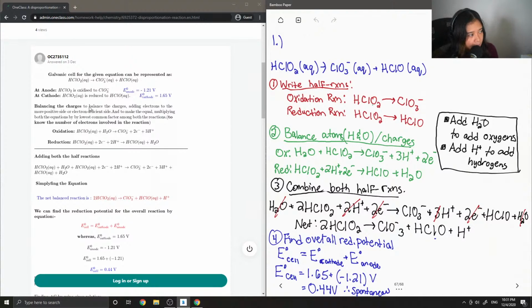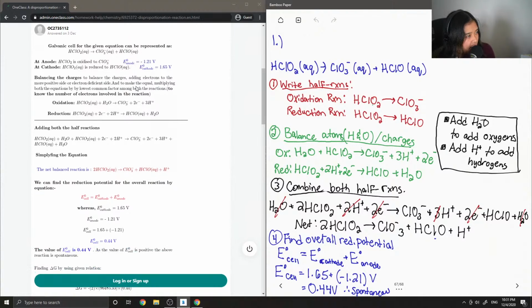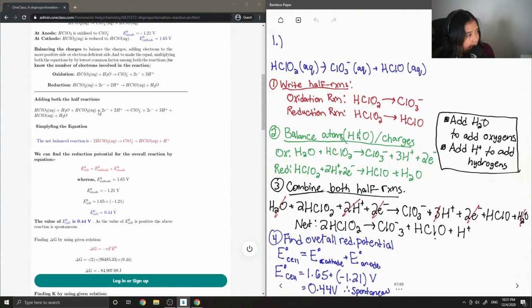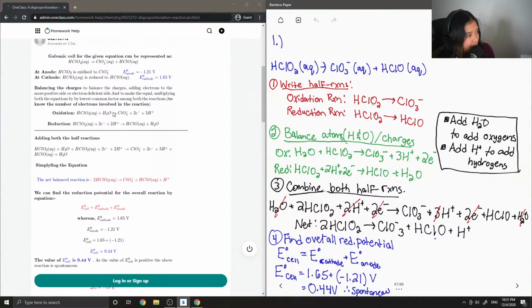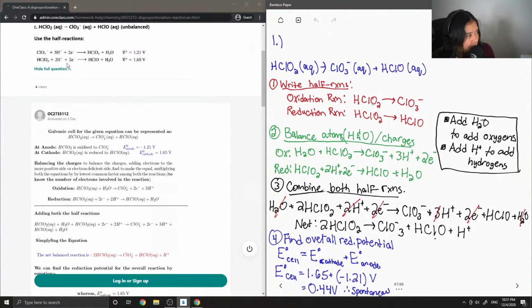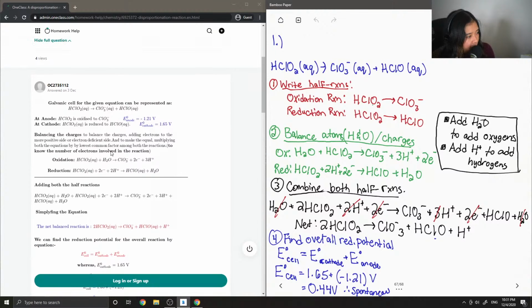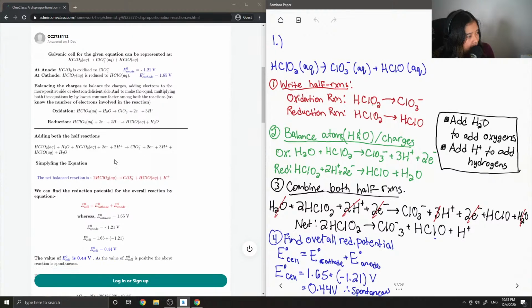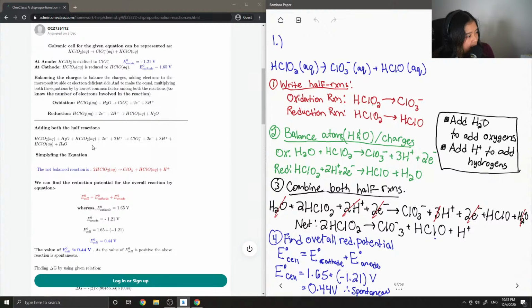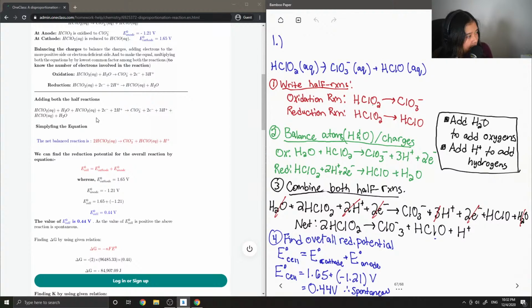To balance the charges, adding electrons to the more positive or electron deficient side, and to make them equal, multiplying both equations by the lowest common factor. Yep, so I guess they already... Oh, it's because the half reactions were given already, right? Yep, so they just did the same thing. So they added both half reactions and got a net balanced reaction.